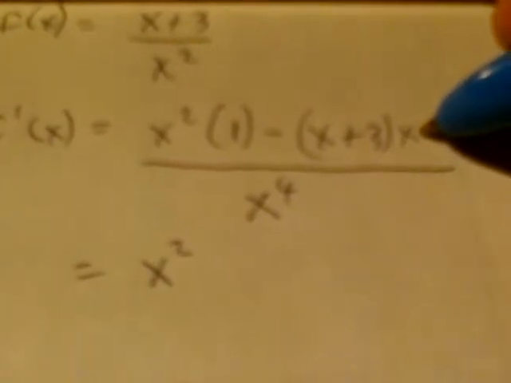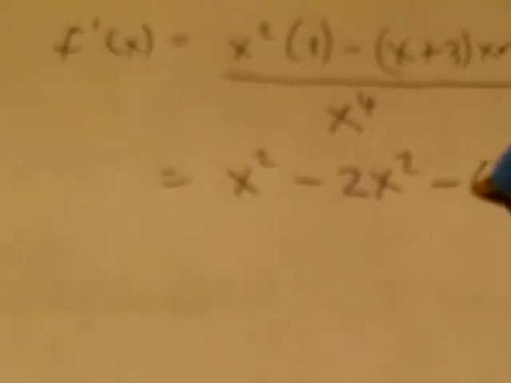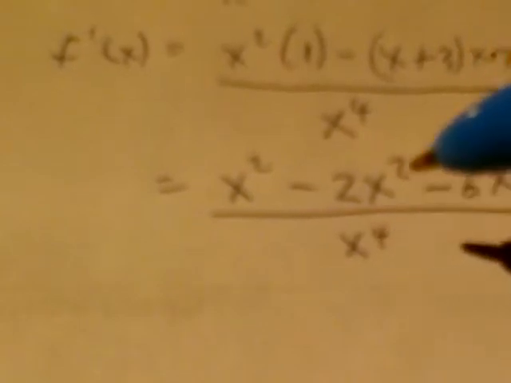And cleaning things up here a little bit, we have x squared. I think I might have done something incorrect here. No, it's not x, it's 2x. So we have a 2x here, because the derivative of x squared is 2x. So x squared minus 2x squared minus 6x, all of that over x to the 4th.